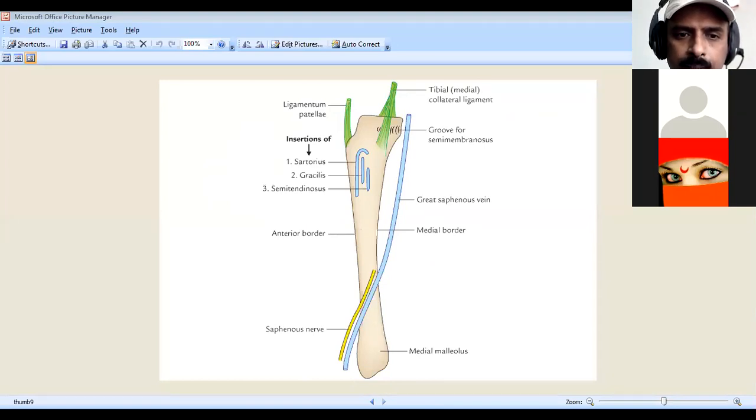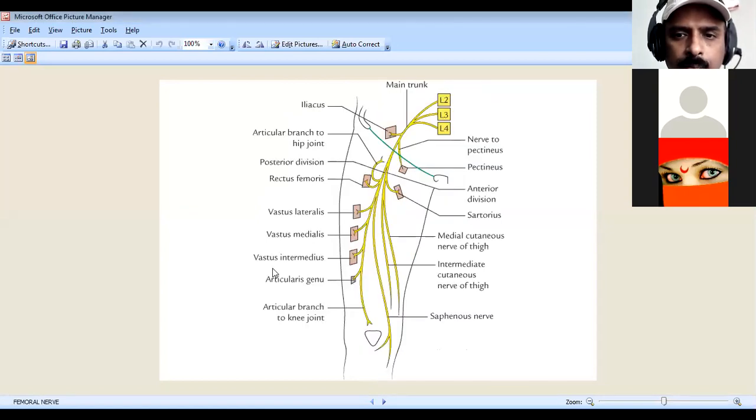So in the next, in the lower limb, we have to remember the other questions like nerves and joints. So when we see the nerves in total, very important ones we are going to call here, that is the femoral nerve and all.